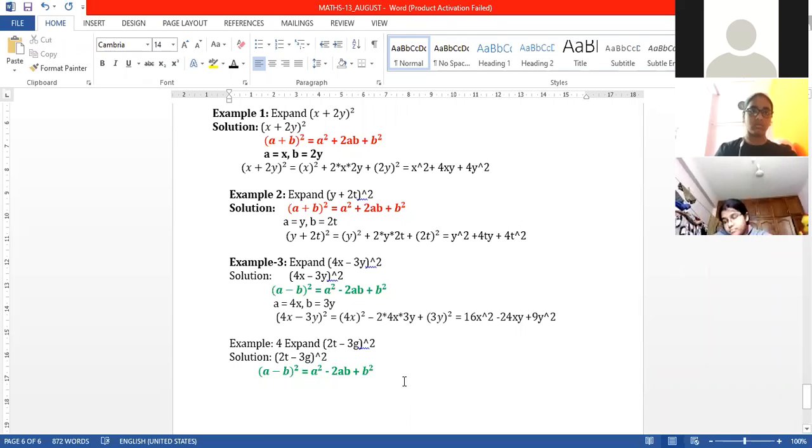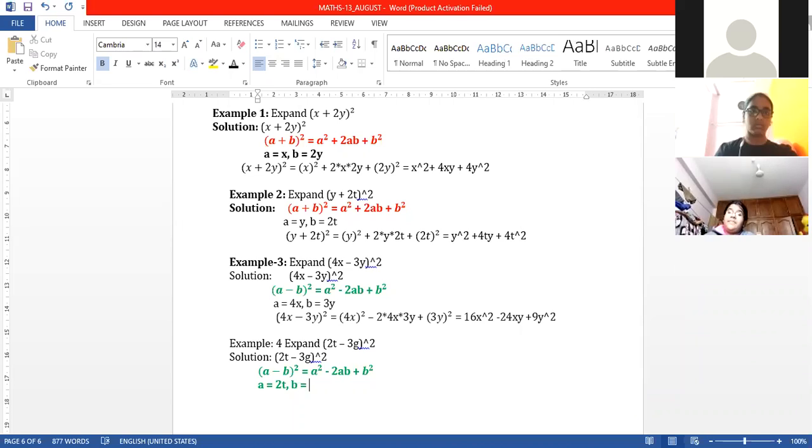The value of a is equal to 2t, b is equal to 3g.